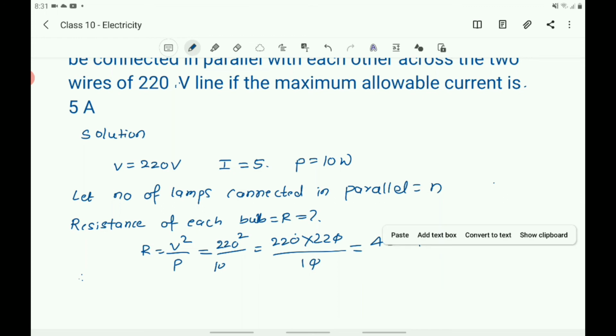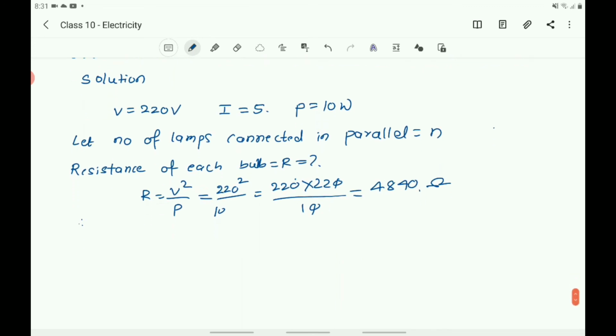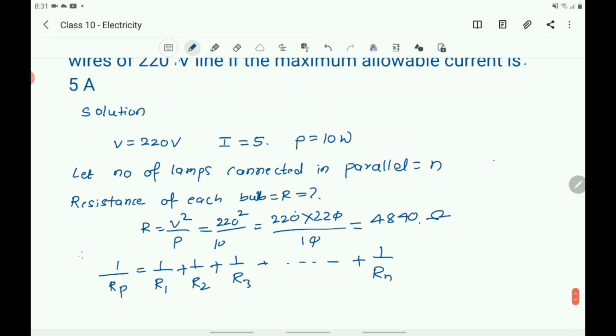Here we have taken that number of lamps connected in parallel are n. As n lamps are connected in parallel, use the total resistance formula for parallel connection, that is 1 by Rp equals 1 by R1 plus 1 by R2 plus 1 by R3 and so on plus 1 by Rn, as there are n bulbs.